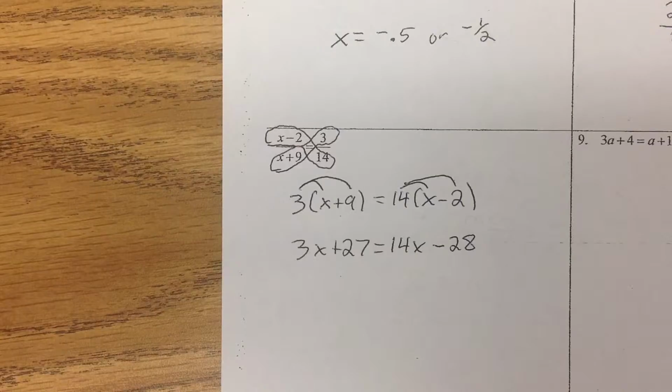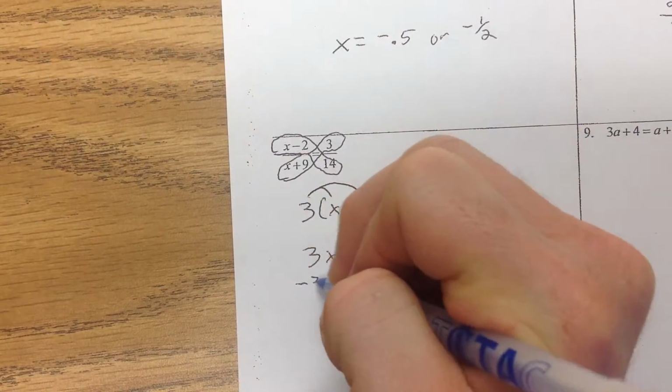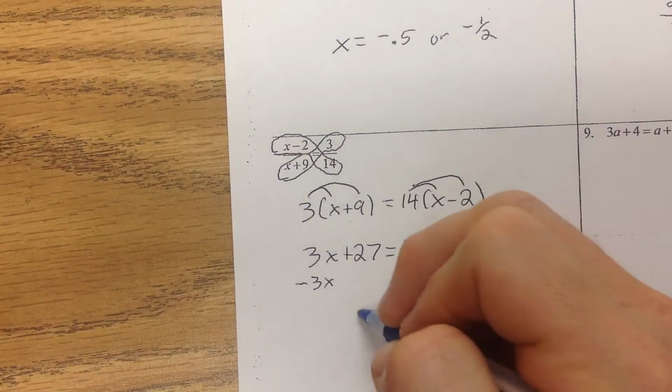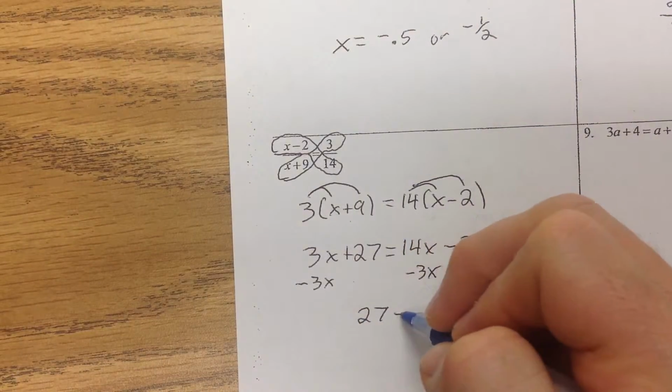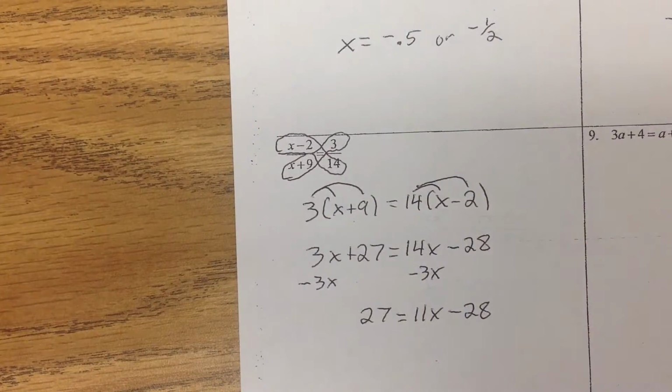So this is the M of our DCMS, and we have to move the variable. Usually, our recommendation is to move the smaller variable because you're less likely to end up with negatives in that case. So subtract 3x, subtract 3x. We're left with 27 equals 11x minus 28.